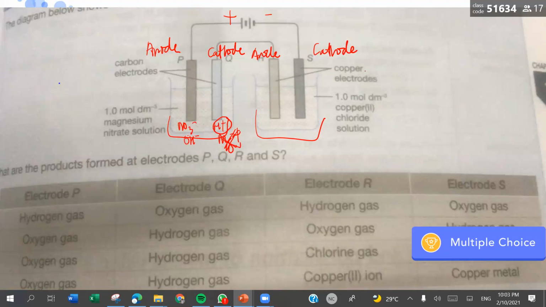And at anode, hydroxide is more negative or less positive. I don't know the value of nitrate. So hydroxide is the one that is discharged. Okay, so I'll get oxygen gas, correct? Yeah, so oxygen gas here, hydrogen gas here. What's my best answer? A, B, C, and D. Which one is the closest answer to what Zahir just said?